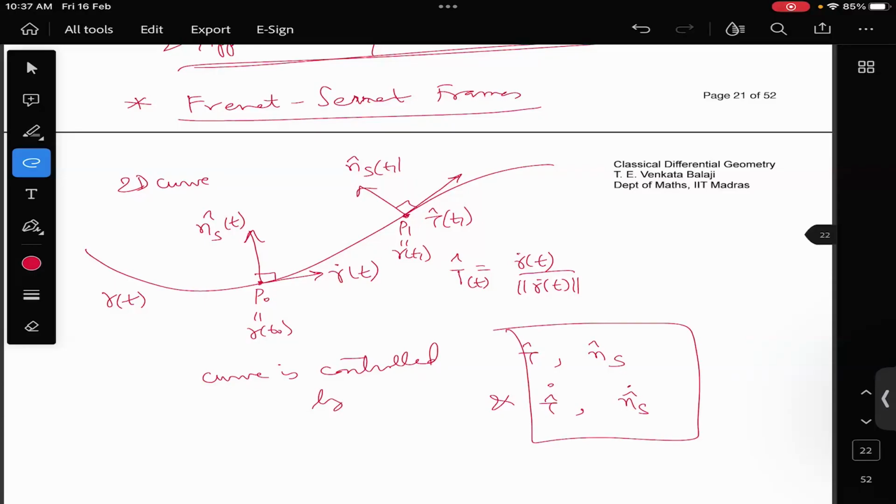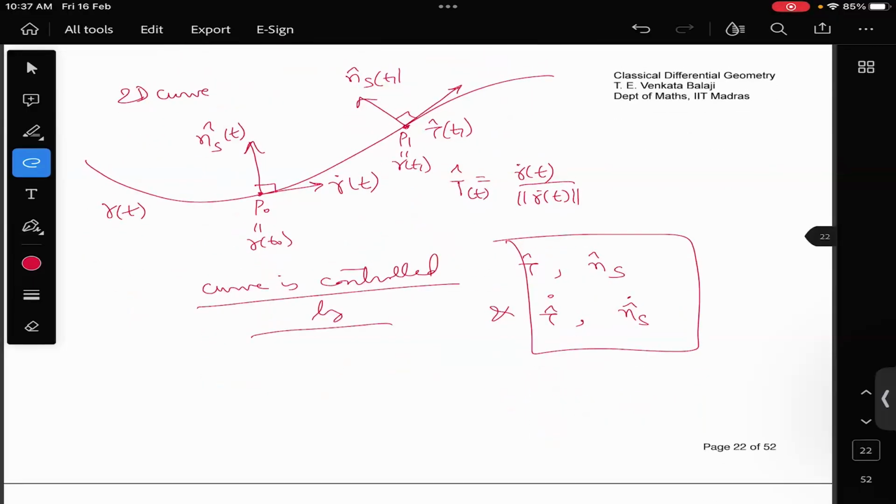This T cap dot is going to give you a measure of the acceleration, because if you take unit speed parameterization, T cap is the same as T, and T is already the velocity. T dot is acceleration. Its magnitude is the magnitude of the acceleration, which is the curvature. So you see the curve is controlled by this, literally.